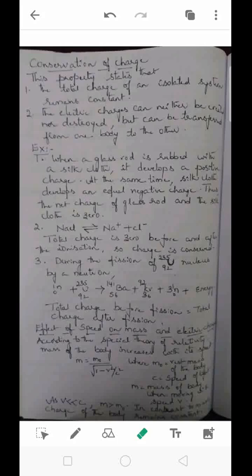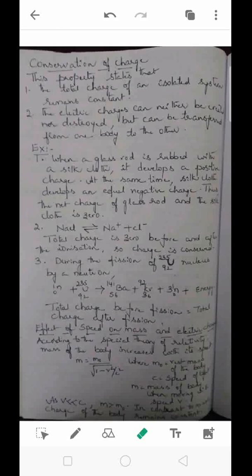There are different examples, like a charged glass rod. How is a glass rod charged? By using a silk cloth. When a glass rod is rubbed with a silk cloth, it develops a positive charge. At the same time, the silk cloth develops an equal negative charge. Thus, the net charge on the glass rod and the silk cloth will be 0.